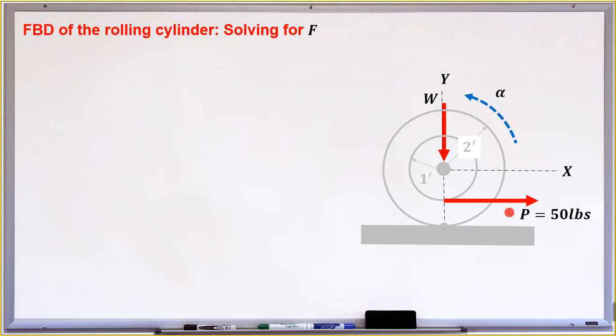So let us assume that this applied force P, which is equal to 50 pounds, is enough to rotate these two solid cylinders counterclockwise, represented by this alpha. Now, if your final answer is negative, the true sense of the rotation of this solid cylinder would be opposite. It will be clockwise.